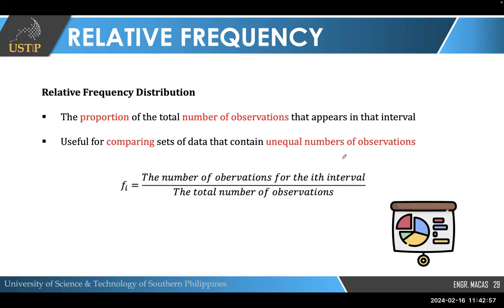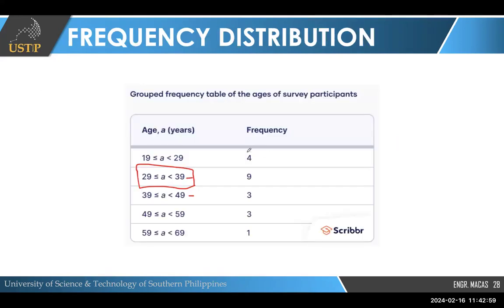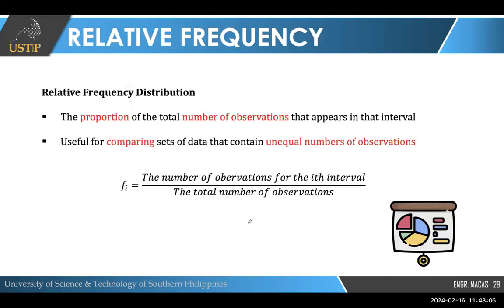For example, your frequencies are unequal for different intervals. So the relative frequency distribution is very useful because you are calculating the percentage, the proportion. How do you calculate it? It is the number of observations for that certain interval divided by the total number of observations. Very easy, class. You just calculate the percentage.